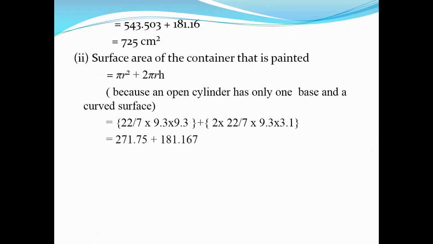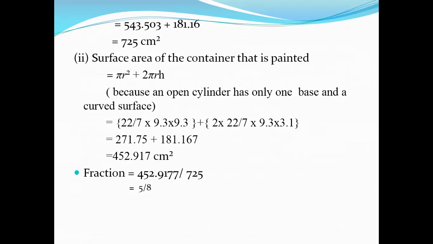After calculation, the answer will be 452.917 square centimeter. And as the demand of the question is to give the answer in terms of fraction as well, you will take the ratio of the second one to the first one. That will be 452.917 divided by 725. When you simplify it, the fractional form will be 5 over 8.